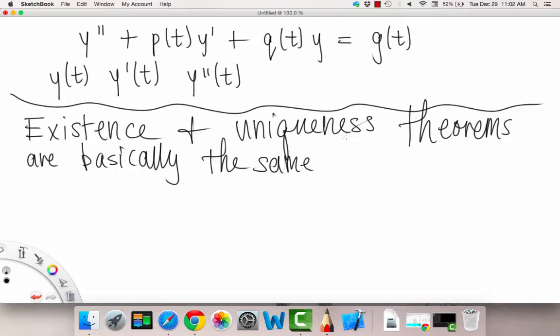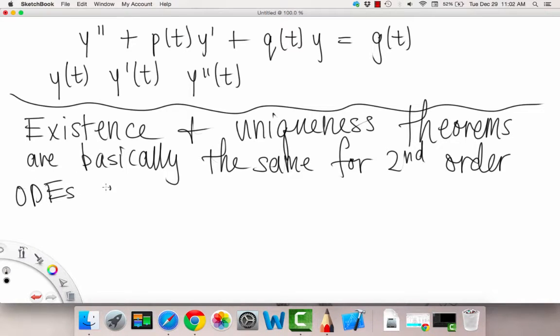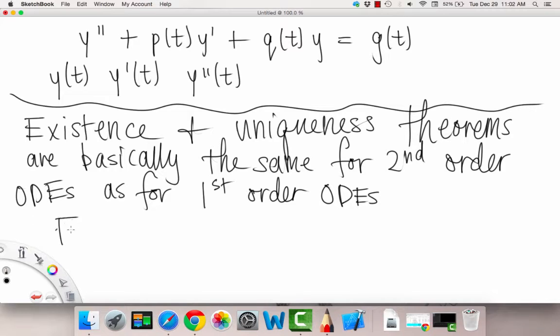For second order ODEs, as for first order ODEs, except there is one addition.